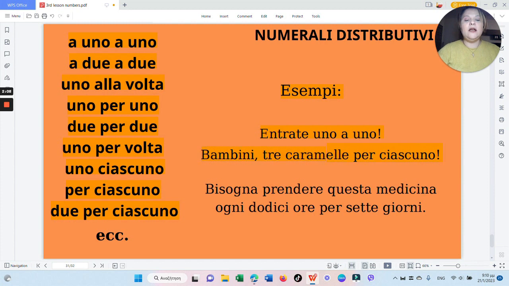Bisogna prendere questa medicina. You need to take this medicine ogni 12 ore. Every 12 hours. Per 7 giorni. For 7 days.